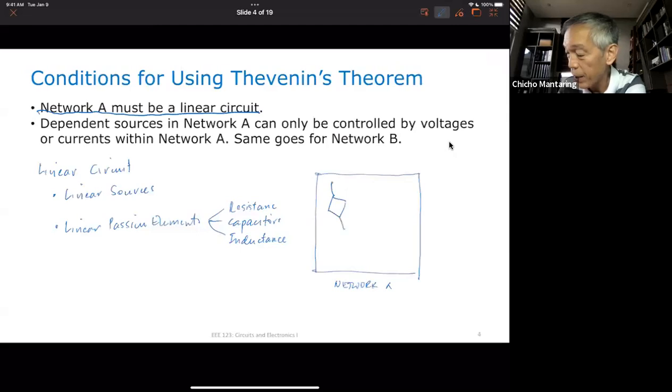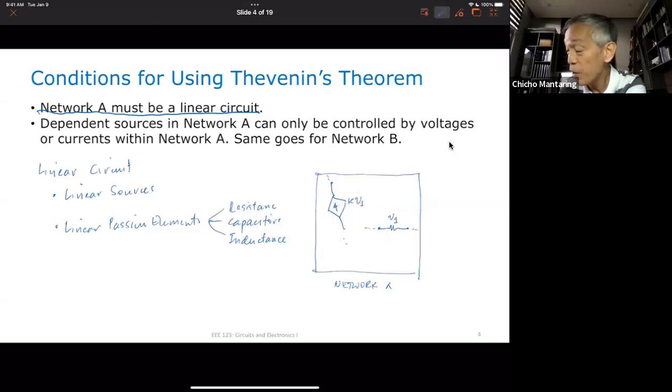Let me call this K V1. And V1, let's say, is somewhere here. Yan pwede yan, because this is being controlled by a quantity that is in network A.